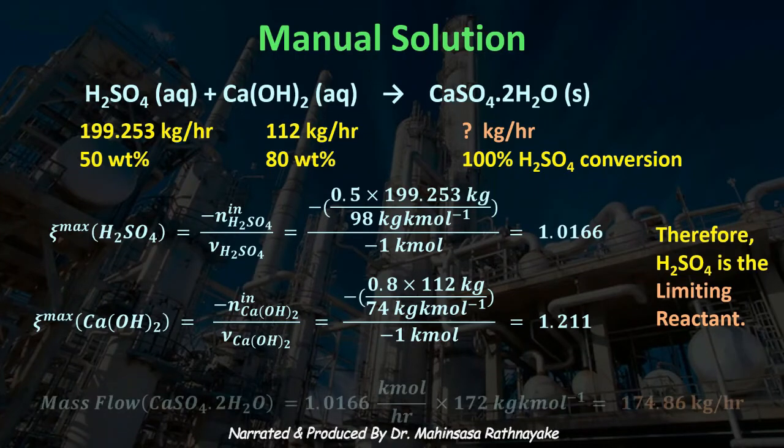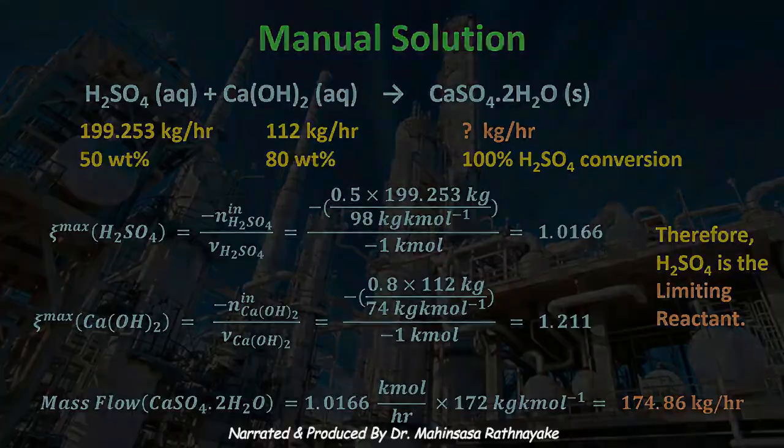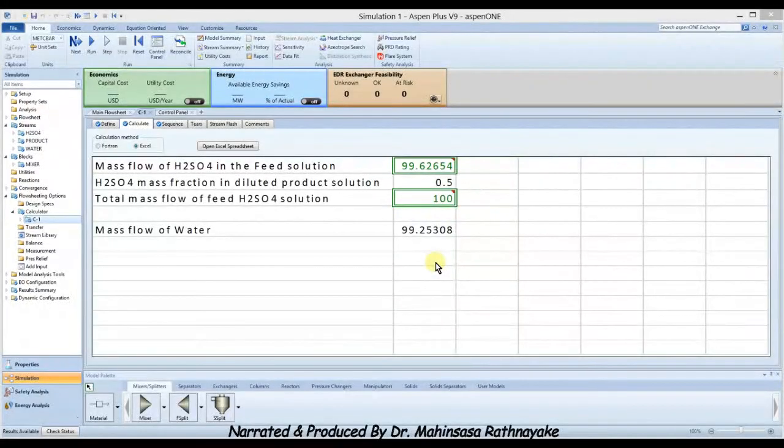Therefore, we obtain the final calculation result for the gypsum amount generated as 174.86 kilograms per hour.